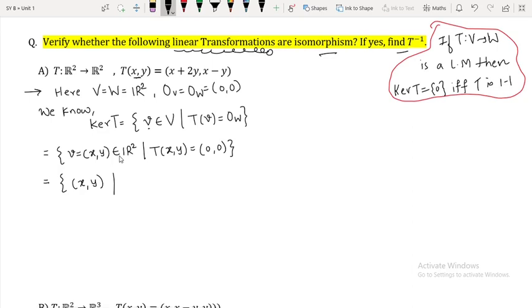And what is our T of (x,y)? It is (x + 2y, x - y) = (0,0), which is further equal to the set of all (x,y) such that x + 2y = 0 and x - y = 0.